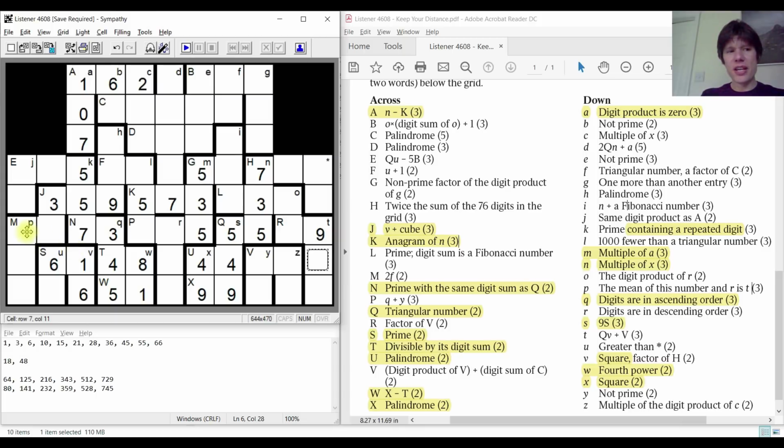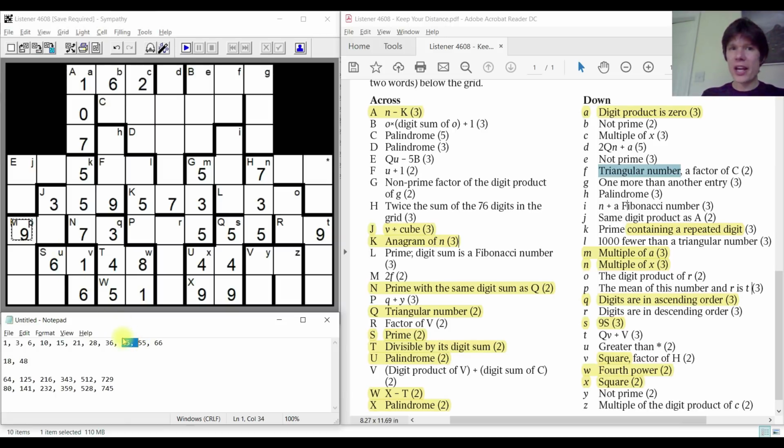That's particularly interesting at little p down because it means that this digit here is either an 8 or a 9. But it's also the first digit of big M, which is the across clue, which is itself 2 times little f. Well, little f, we're told, is a triangular number. Now, I've got the triangular numbers down in my scratch pad from earlier, and you can see that if you double the ones that are in the right area, 36 would give you 72, 45 would give you 90, and 55 is clearly more than 100.